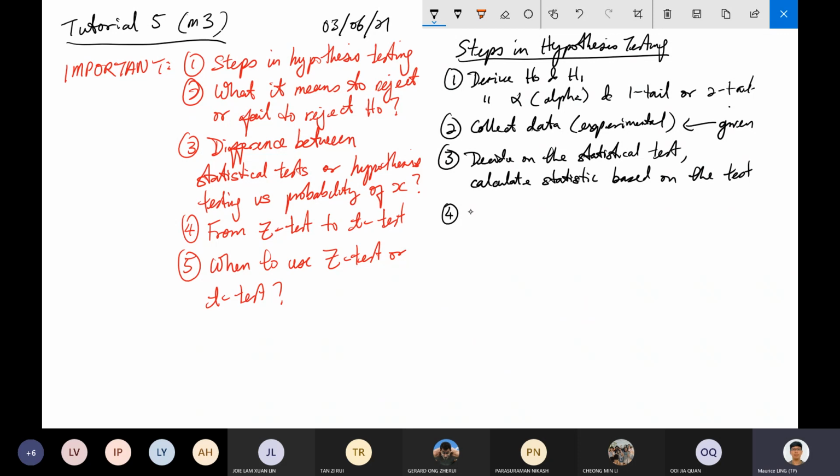After you calculate the statistic based on a test, what is the next step? You make your decision. There are only two decisions: either you fail to reject the null hypothesis, or you reject the null hypothesis. What is the criteria to fail to reject or reject?